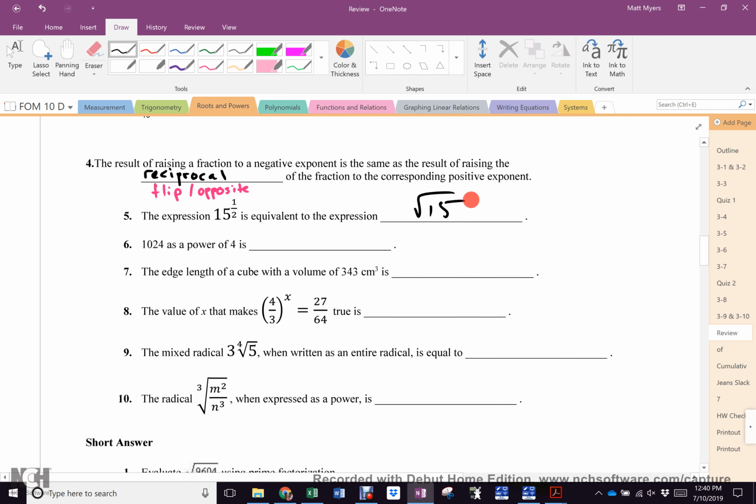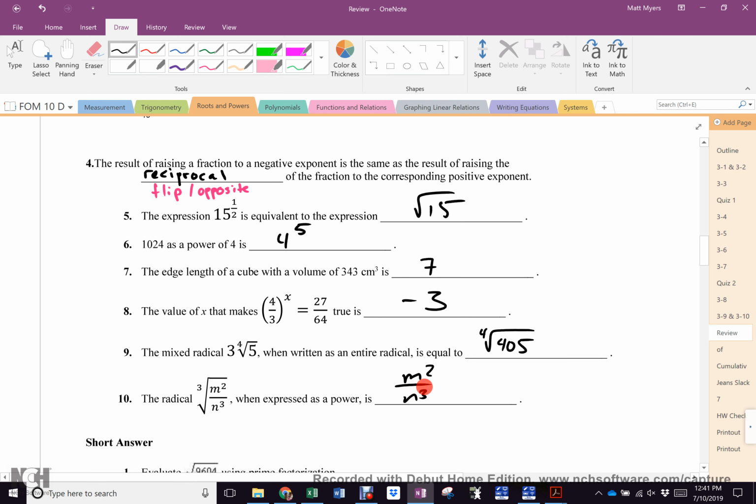Root 15, 4 to the 5th. 7, negative 3, negative 3, fourth root of 405, and m squared over n cubed all to the 1/3.